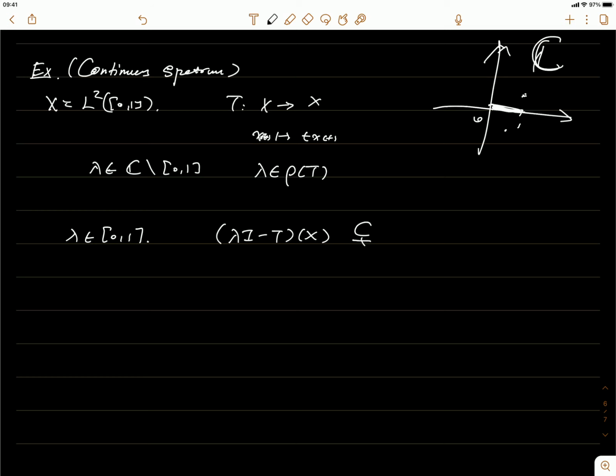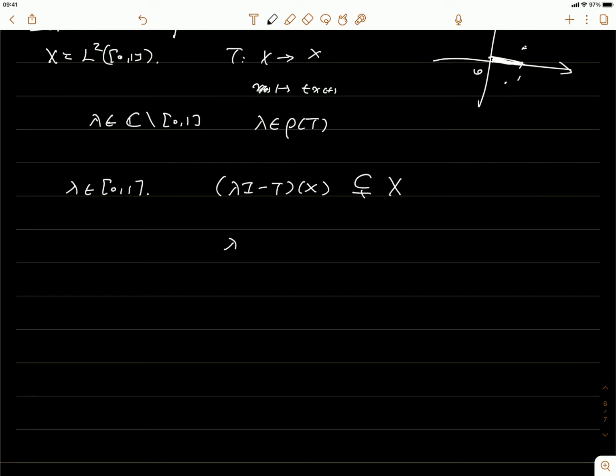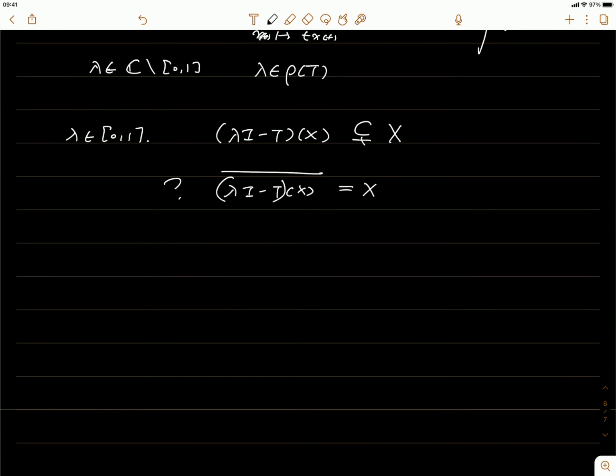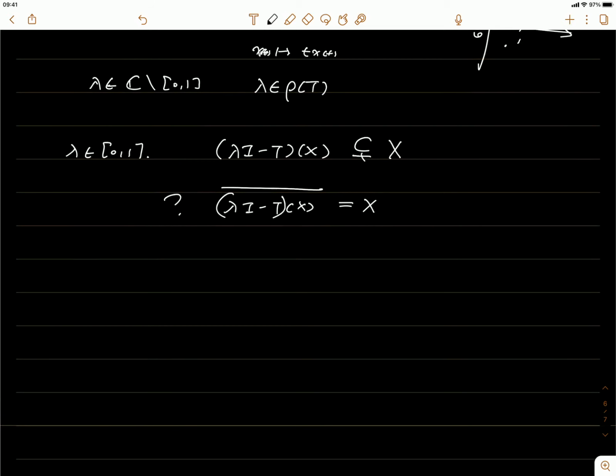So we can still show this. But the question is, can we show the closure of this is equal to x right now? So unlike the case before, we actually can show this is true.